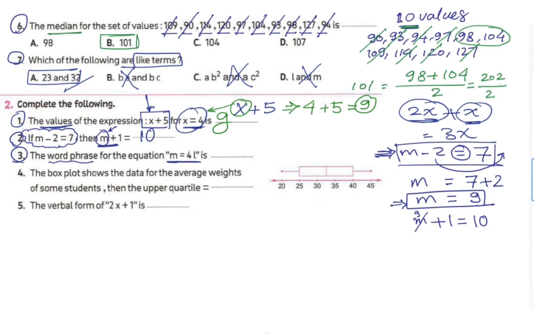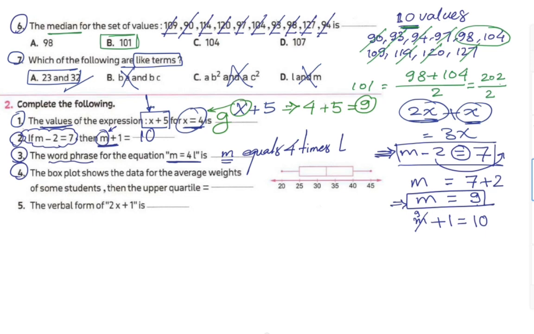I can write it as: m equals 4 multiplied by l, or 4 times l. M equals 4 times l. M equals 4l.